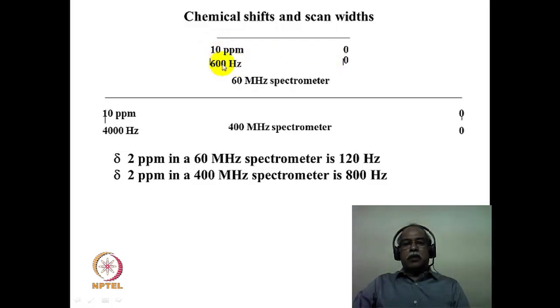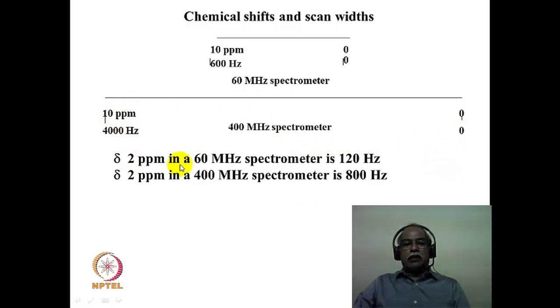In other words, one has to scan 600 Hz of scan width to cover the region of 0 to 10 ppm. On the other hand, on a 400 MHz NMR spectrometer, in order to cover the same 10 ppm scan width, one has to scan about 4000 Hz.